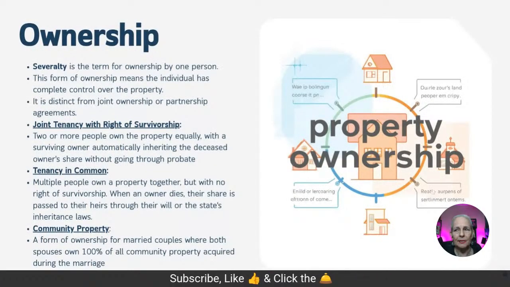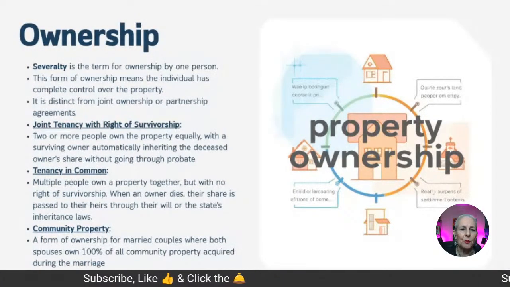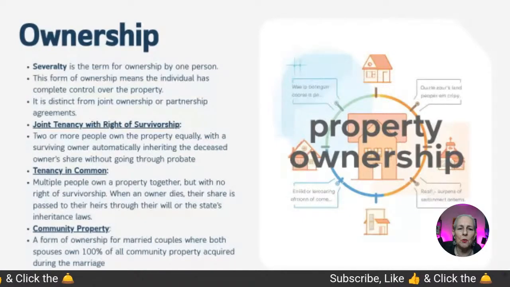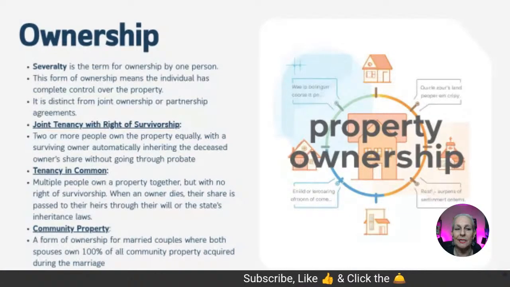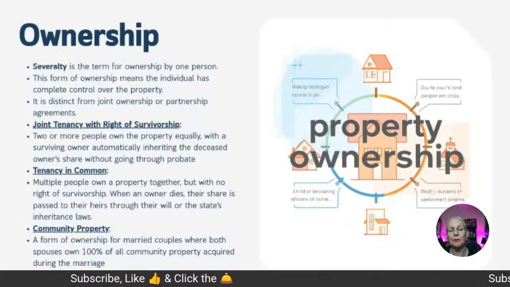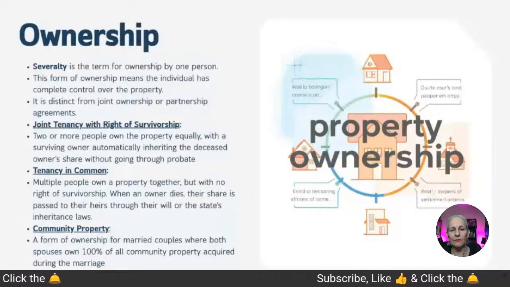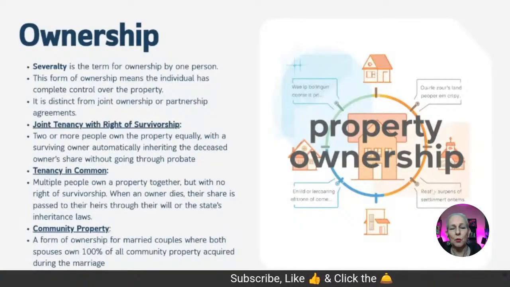So joint tenancy is two or more people own the property equally, with a surviving owner automatically inheriting the deceased owner's share without going through probate. And it has to meet 4 conditions. So it has a right of survivorship. It's 2 or more people.